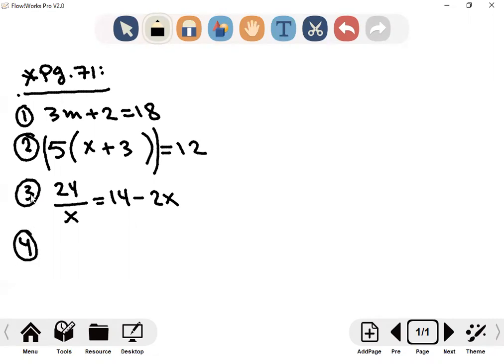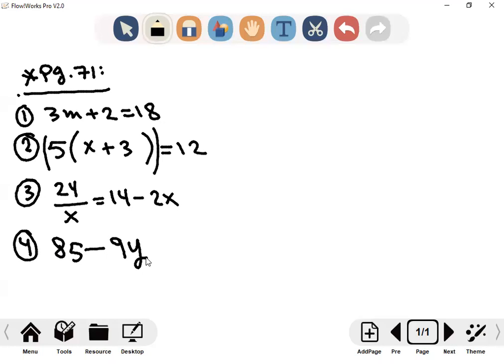9 times a number y subtracted from 85 means 85 minus 9y, right?